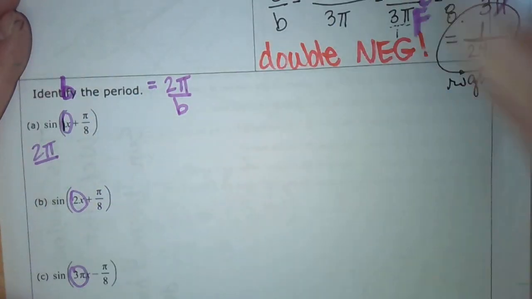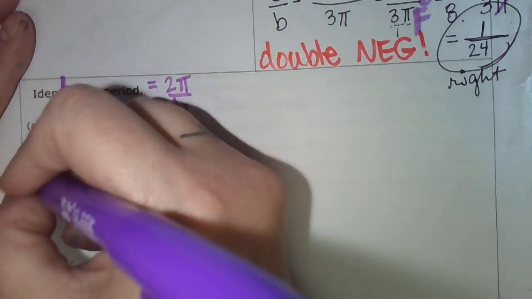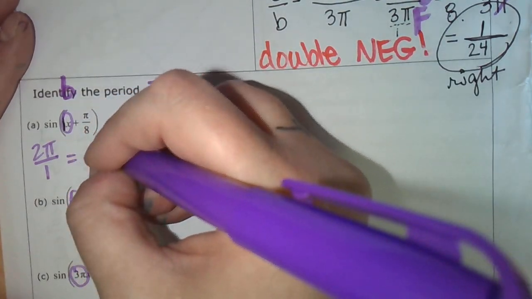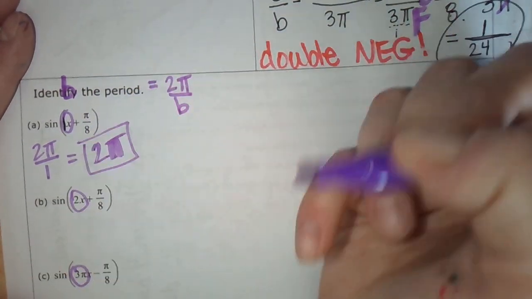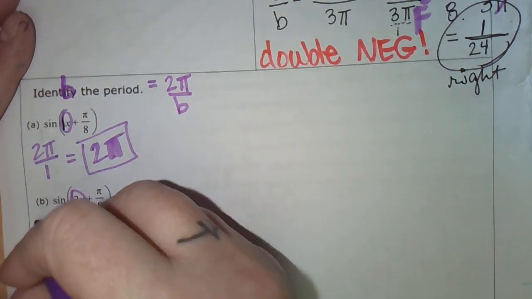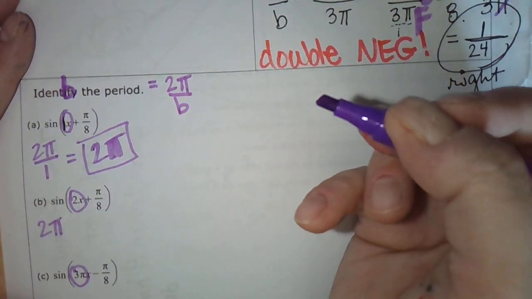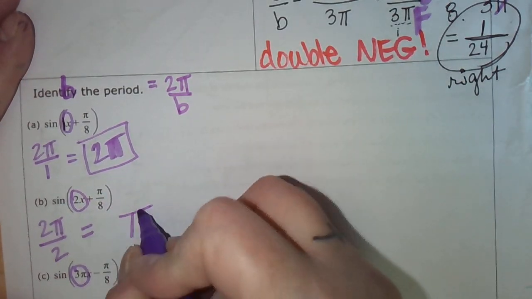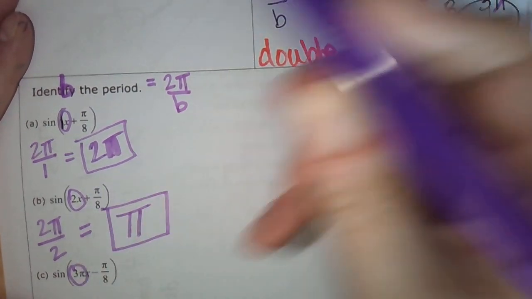There has to be a number right there. 1. Okay, so 1. And when we divide that, we just get 2 pi. Huzzah. Let's change it. Now we have 2 pi over, who's my b? It's the number on the x, 2. Well, the 2's cancel, and I just get pi.